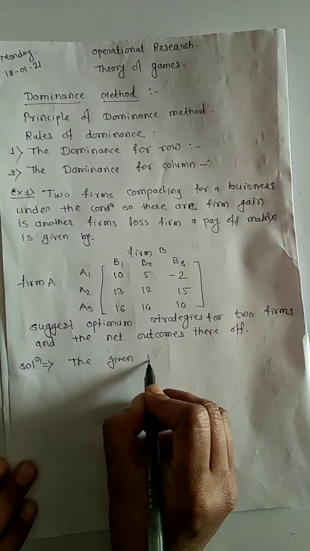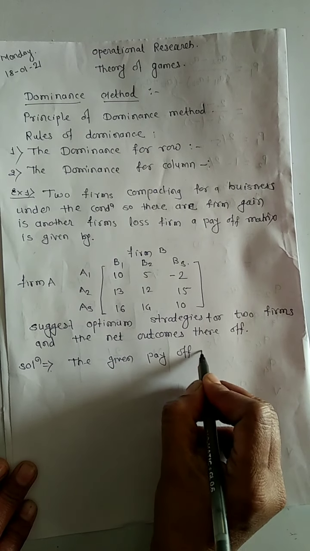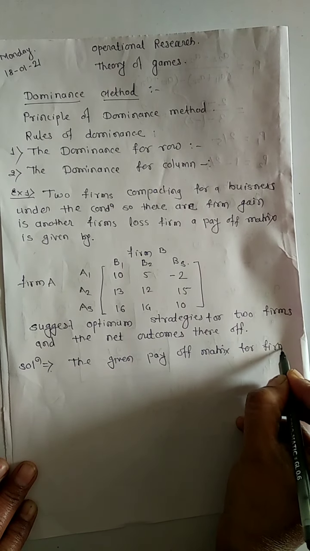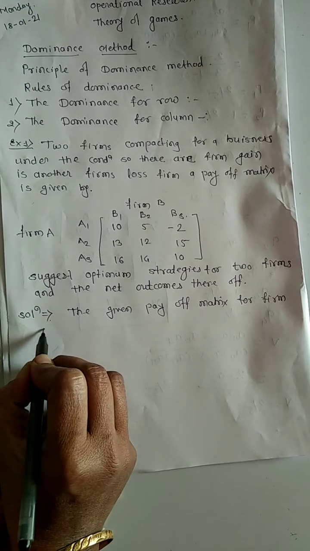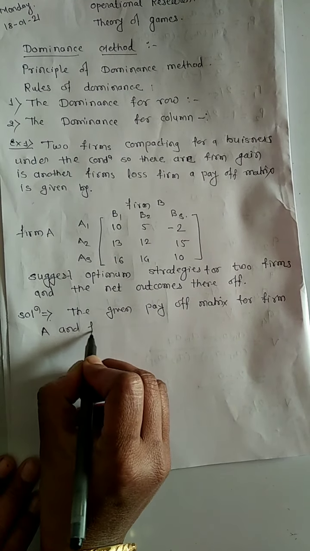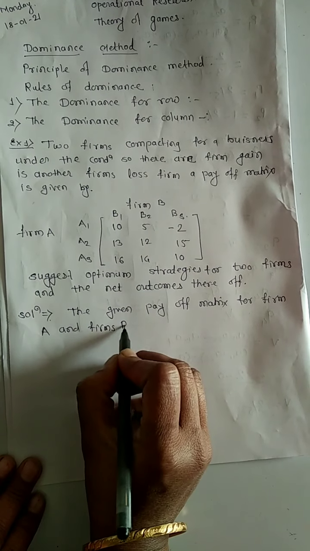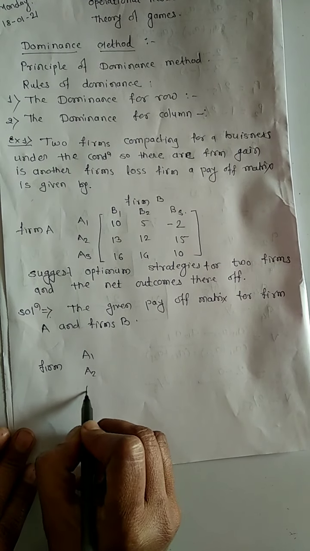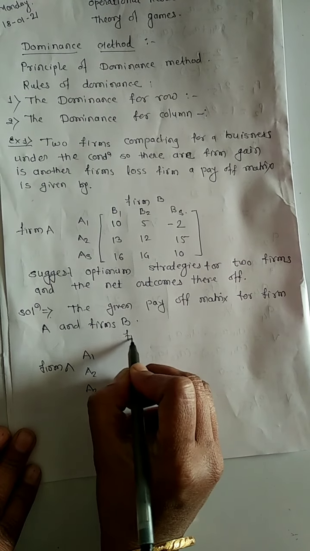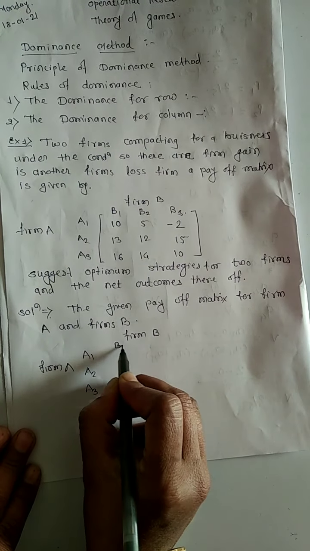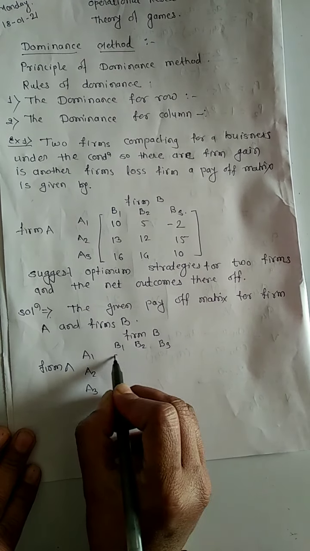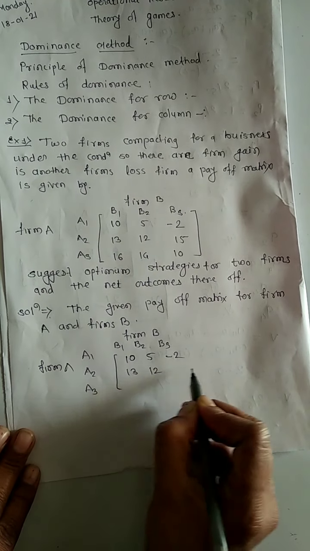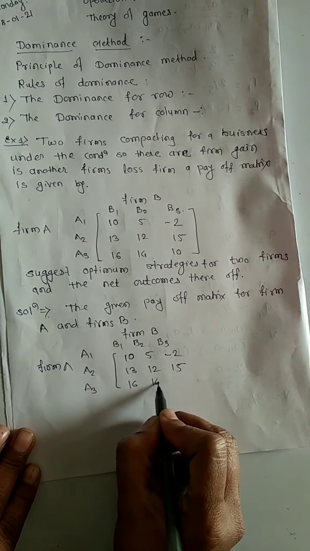The given payoff matrix for firm A, A1, A2, A3, and firm B, B1, B2, B3, is 10, 5, minus 2, 13, 12, 15, 16, 14, 10.